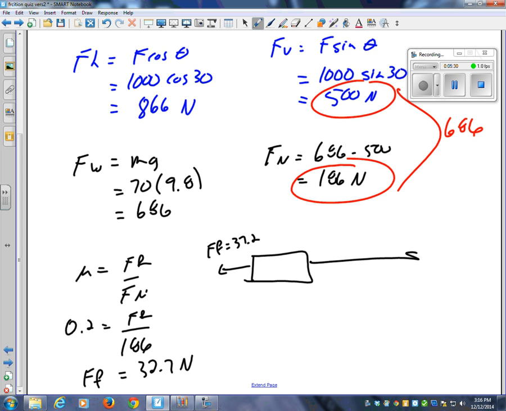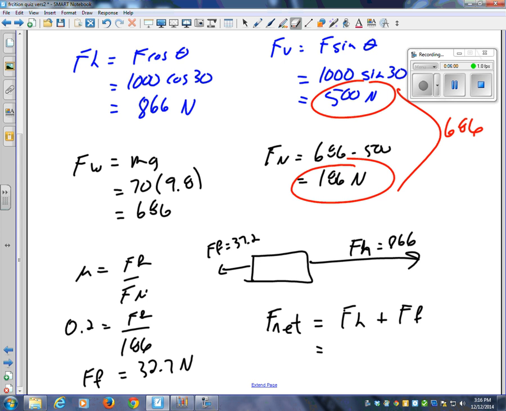And what was our horizontal component? Some giant number like 866, wasn't it? I'm solving for acceleration. Oh yeah, F net equals m a. FH, horizontal component. So the net force here is the horizontal plus the friction.